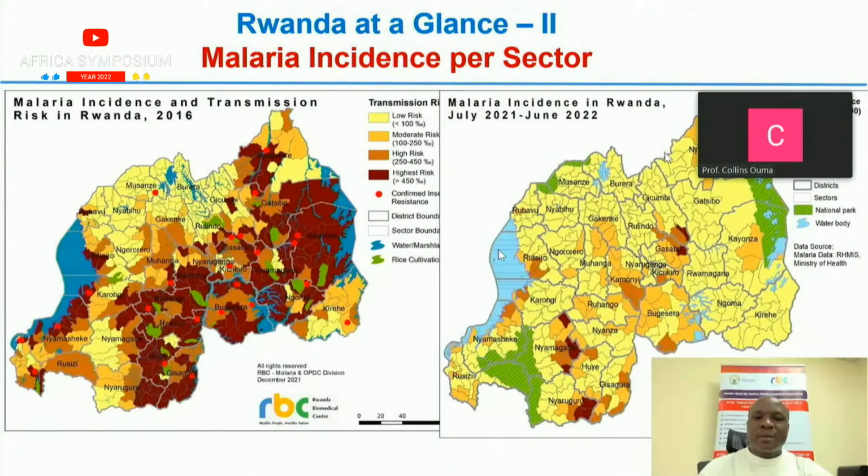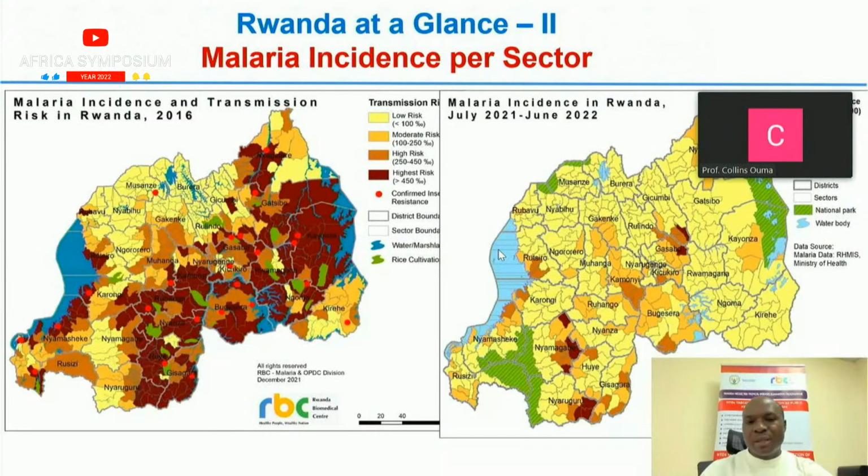You can also easily see those red dots corresponding to the documented mosquito resistance to pyrethroids. That also can justify why in those dark zones we have the high incidence, because interventions that were deployed there for malaria prevention, like a standard net, were not working perfectly due to that documented mosquito resistance to pyrethroids.